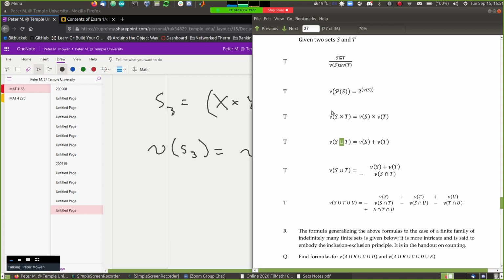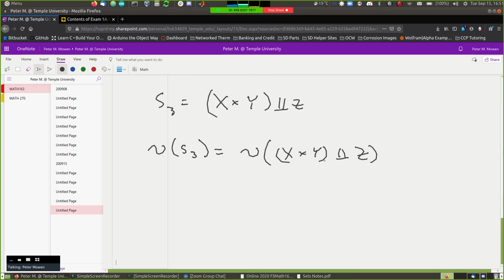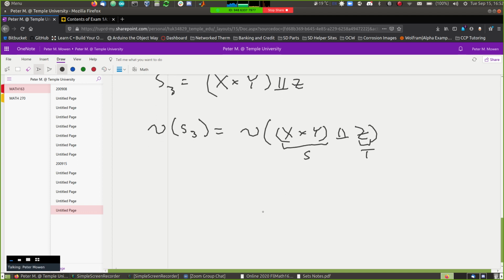Okay, so we use these rules to move forward in this question. So in my question, this part is playing the role of S, and this part's playing the role of T. But if you write it like this on the test, that's not going to fly. So let's use the proper notation.